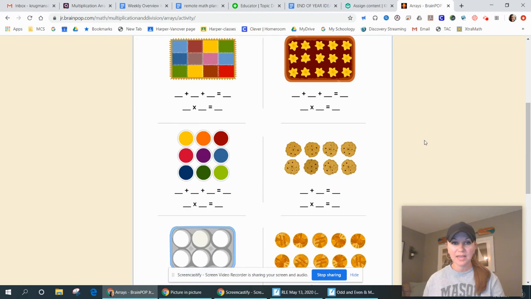What I'd like you to try today is look at those pictures of arrays and figure out the repeated addition number sentence that would match each array. Then turn it into the multiplication number sentence, so you can multiply those numbers together and get the product.